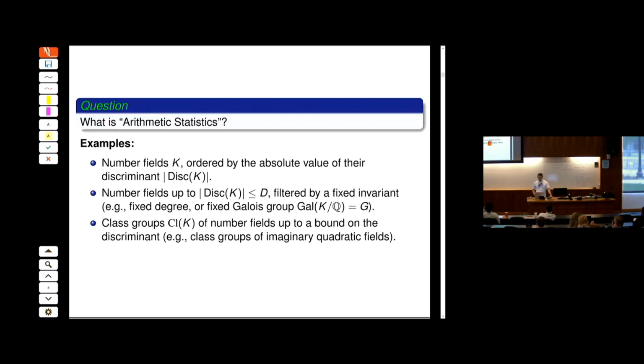So we can count number fields up to a given discriminant, and then, as I said, we want to know also how many number fields there are up to a given discriminant with some fixed degree or a fixed Galois group, etc. Out of those number fields, we're very interested in their class groups, just to know how far the ring of integers is from being a unique factorization domain or a PID. And so we're interested to know what kind of class groups we can find. For instance, we'll talk about class groups of imaginary quadratic fields and what's known.